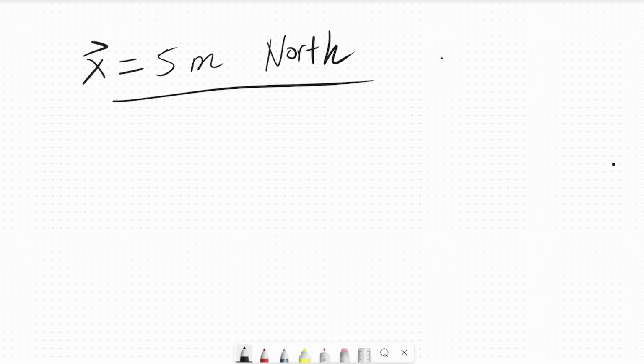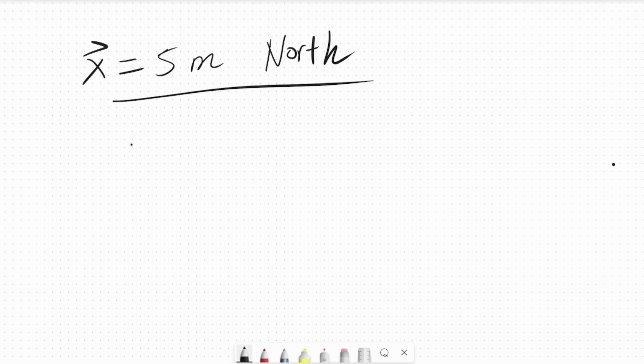Okay, but now that we have this vector, well, what is it equal to? Now, there's many ways to write this. Starting off with an example that you see in everyday life, I could write this as 5 meters north. This would already be a vector.